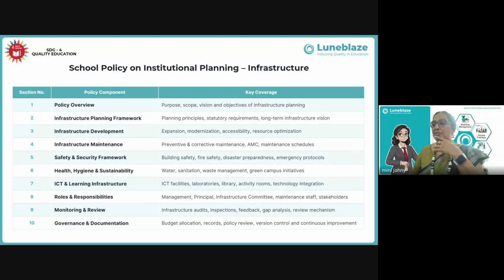The scope of this is it covers all physical and digital assets. It covers planning, budgeting, procurement, maintenance, and audits. It applies to all staff, vendors, and stakeholders. It encompasses the short-term operational needs and long-term development plans. What are the objectives? Vision.